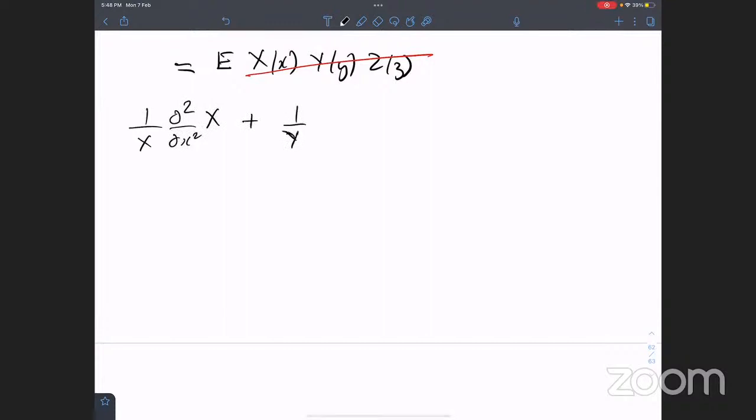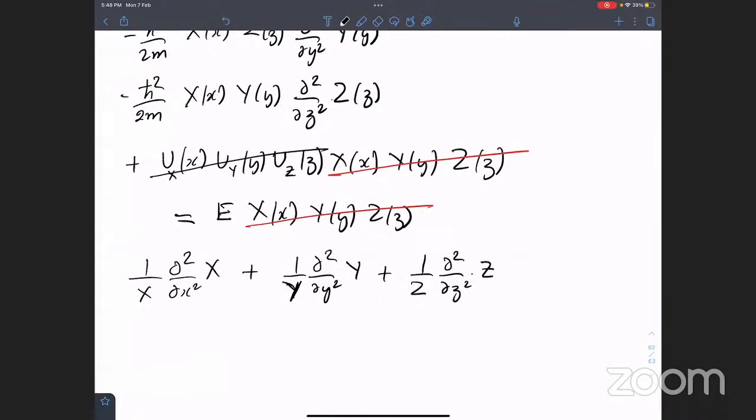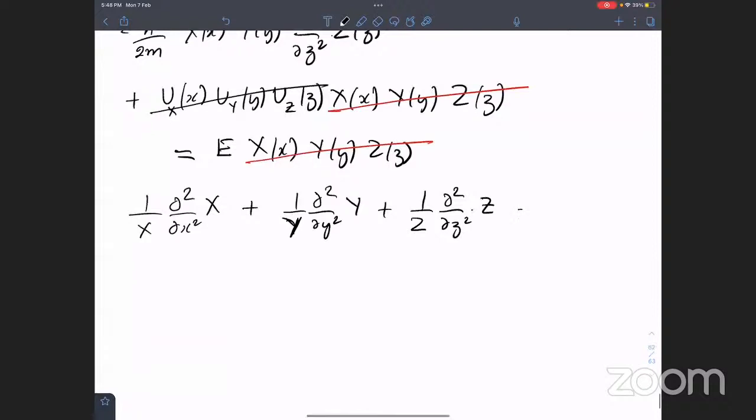You'll get it. This is all capital Y, d squared by dy squared of Y plus 1 by Z into d squared by dz squared of Z. Minus h squared by 2m is brought to the other side, so I can write that as minus 2m e by h bar squared. The right hand side is now a constant.